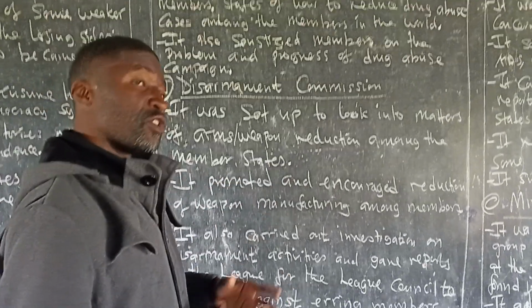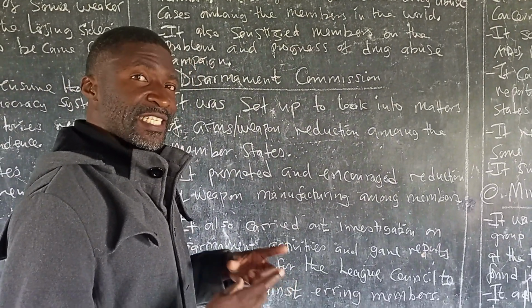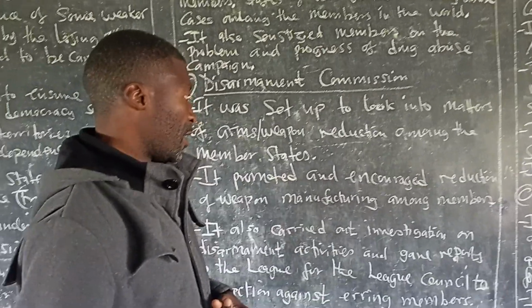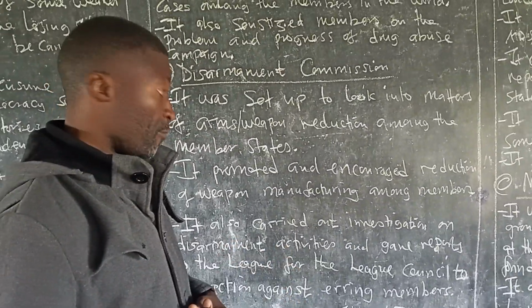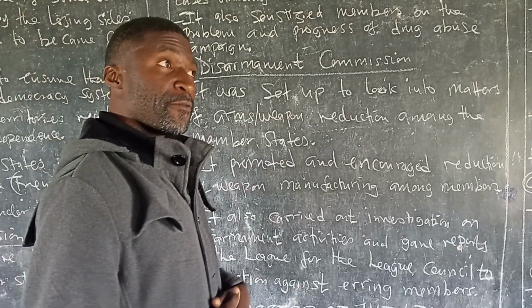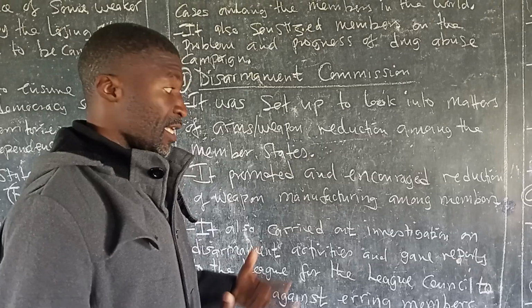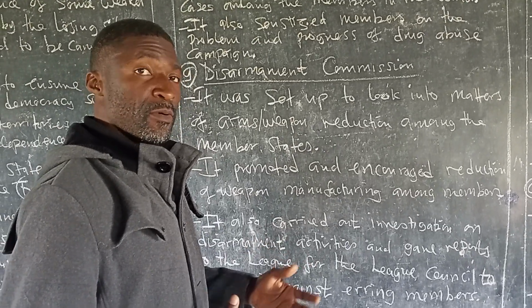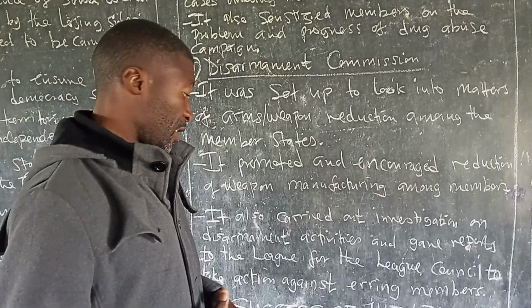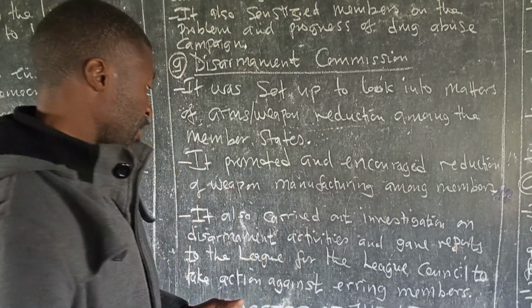Hence, the need to ensure that nations did not focus on manufacturing or building an empire of arms. So it carried out investigations, and if a country was found wanting, they could give a report or suggestion on how best that country should be punished.